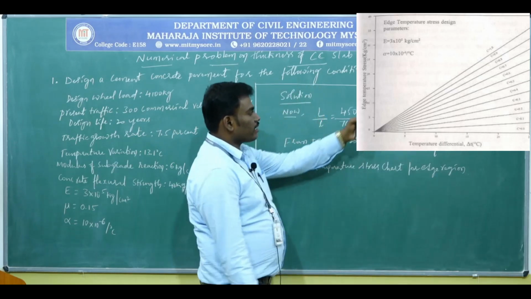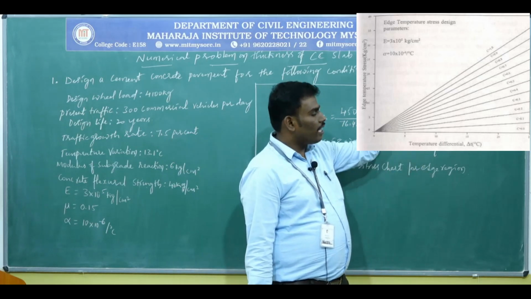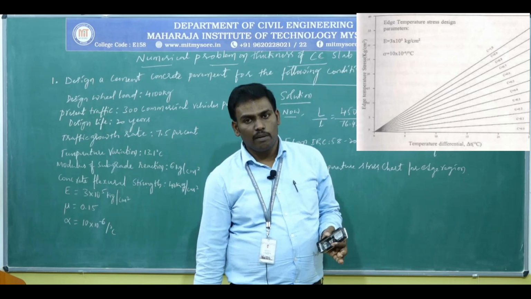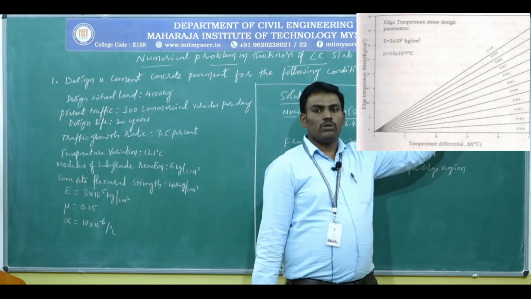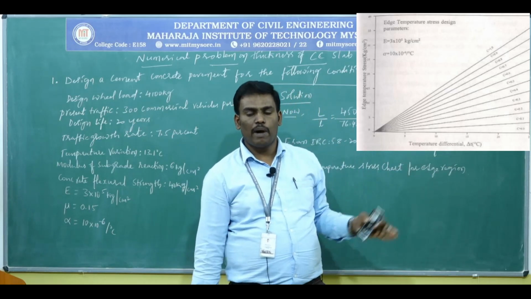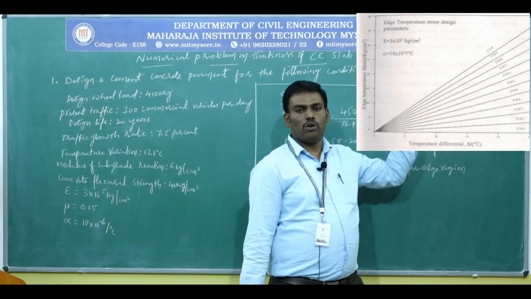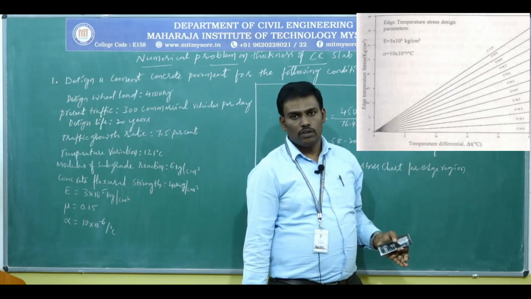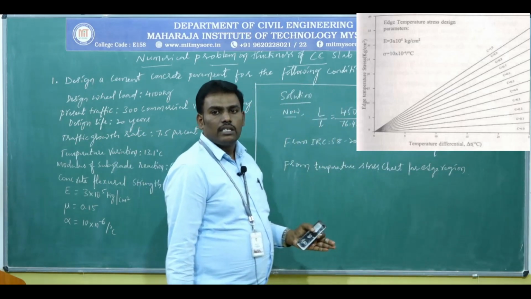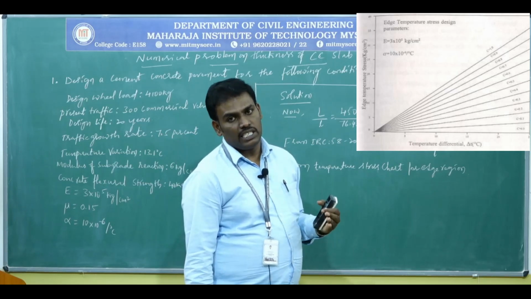In the x-axis we have the temperature differential delta T in degree centigrade, and in the y-axis we have edge temperature stress in kg per centimeter square, and the curves are for the respective coefficient values from 0.1 to 1. There are about 10 curves, 0.1, 0.2, 0.3, like that. Using this chart, you may obtain the temperature stress at the edge region.